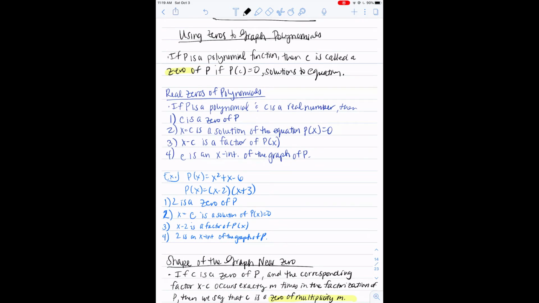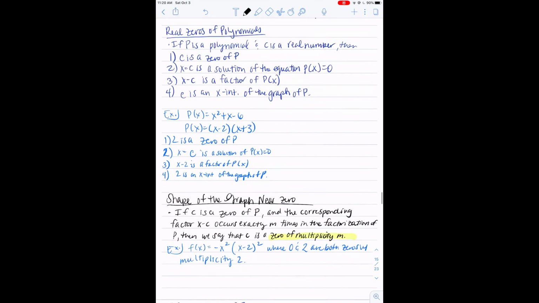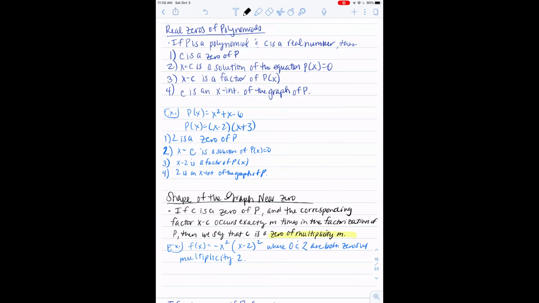Okay, we're able to use zeros or solutions, which we have done in the past, but here's a more formalized approach to graph polynomials. If p is a polynomial function, then c is called a zero of p if p of c equals 0. That's the solution to the equation. These statements are all equivalent for real zeros of polynomials.